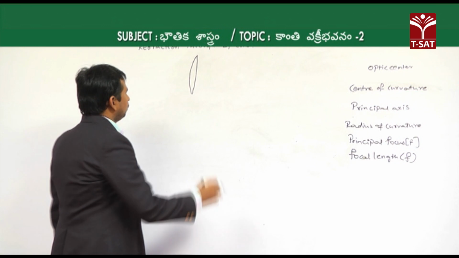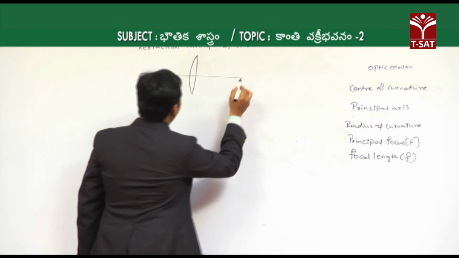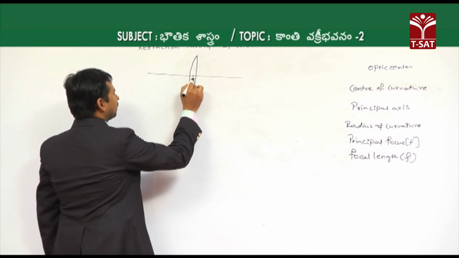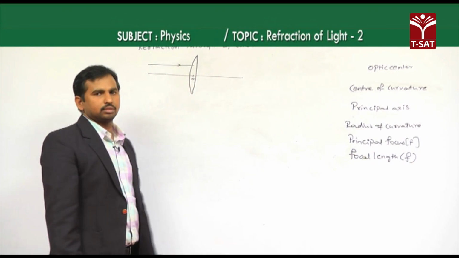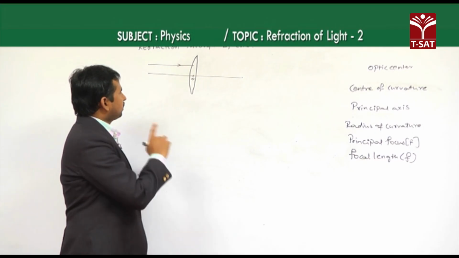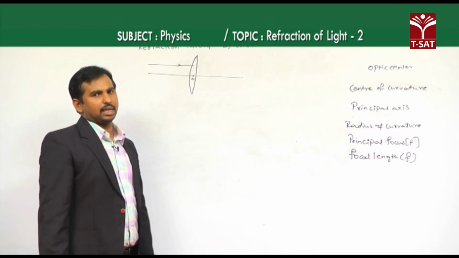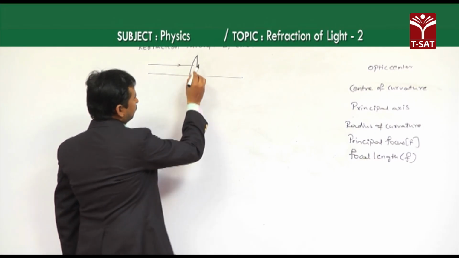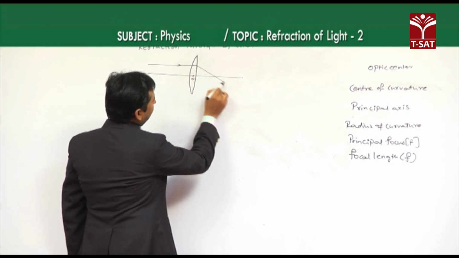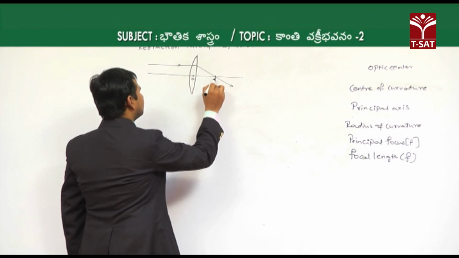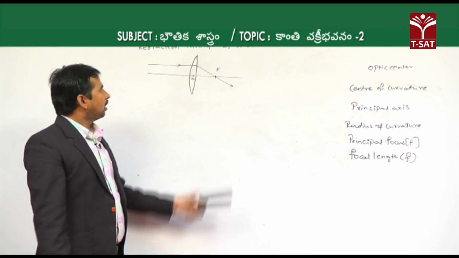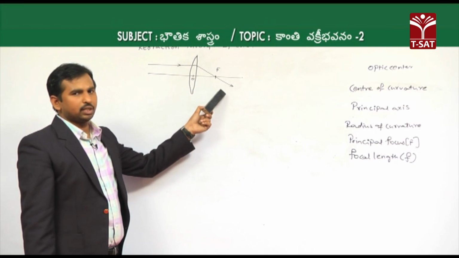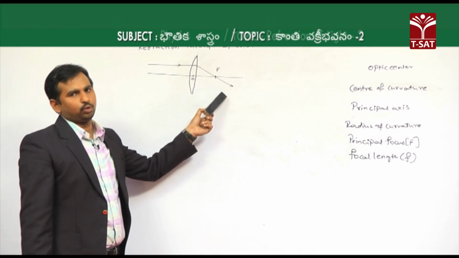Okay. Now if any light ray you choose is passing parallel to the principal axis like this, after refraction the light ray passes through the principal focus.